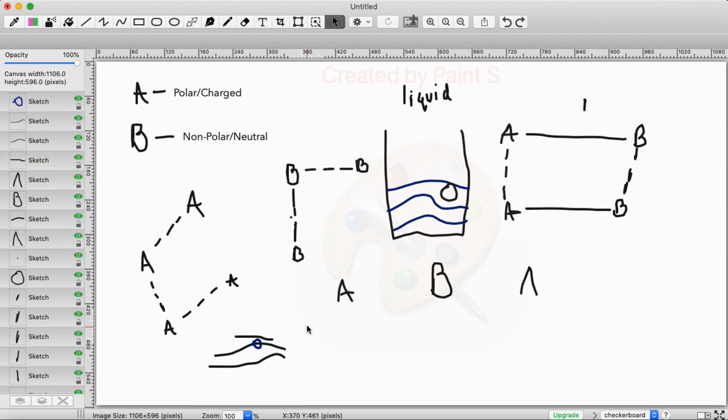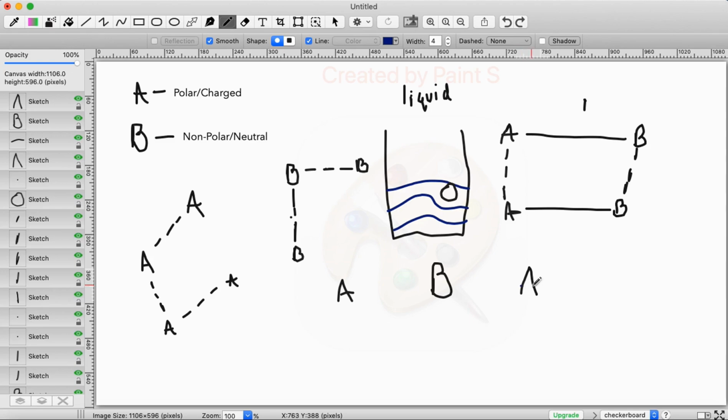Because the water wants to, yeah. I'm going to leave that. That's A to B, and it's long enough to assume that A is the polar part and B is the nonpolar part. You have a molecule.